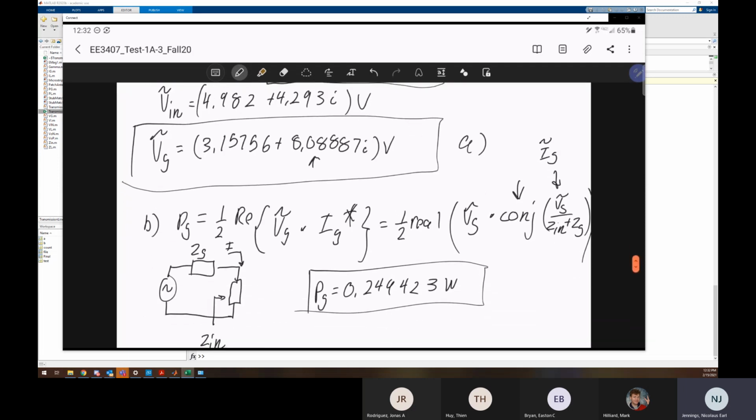But of course, you also have to consider the equivalent input impedance. I know Sustav was talking about when you were dealing with a 100 volt source or generator, that if you got something around like 0.142, that obviously looks very wrong, like 0.14 watts being generated by the generator.